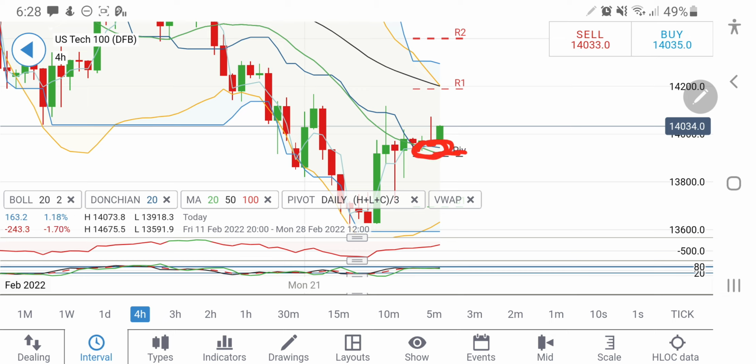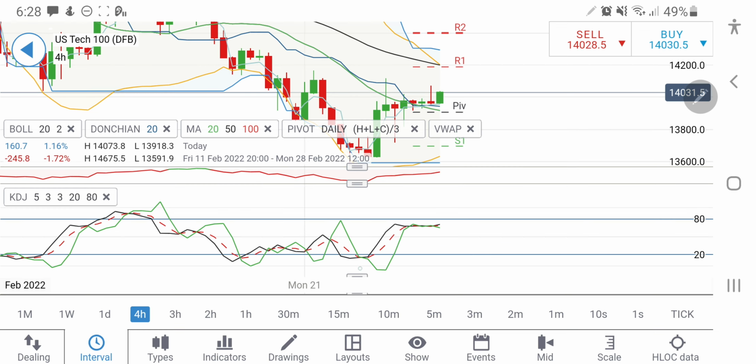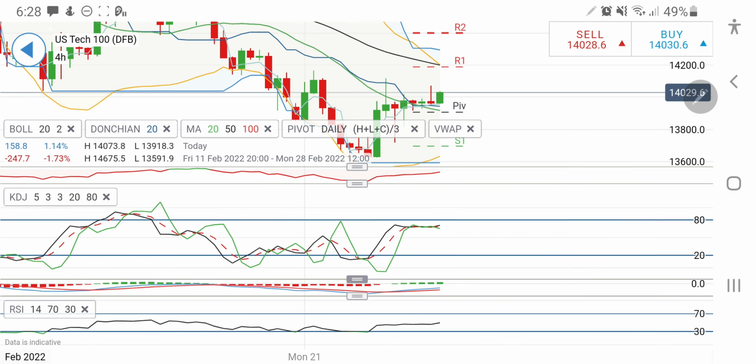If it breaks 13900, then it is going to fall strongly towards 13800. 13700 is also very much possible. At the same time, breaking this zone at 14080, or rather 14100, it will definitely try to hit 14200, the next target. And stochastic on the 4-hour charts is near overbought levels.